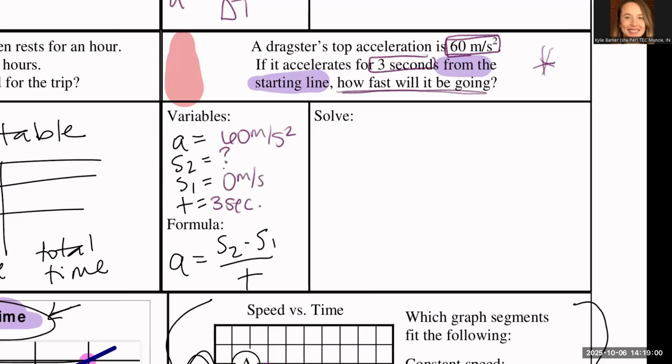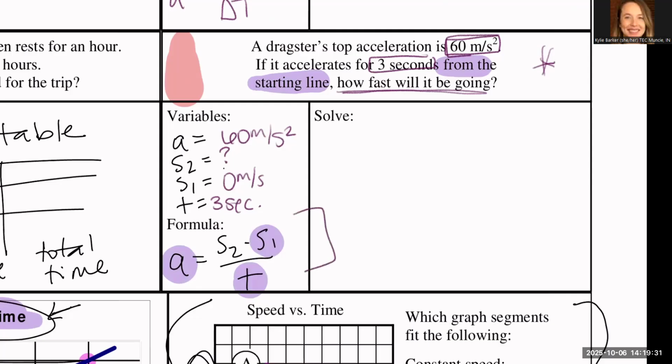The other part is that now I do know starting speed. I do know my t, my time, and I do know my acceleration, but my unknown is not isolated. I didn't solve for it yet. So if you guys remember, we did the 2 different methods yesterday of how to do this. I'm going to show the one, or at least get it started, that everybody seemed to like better.